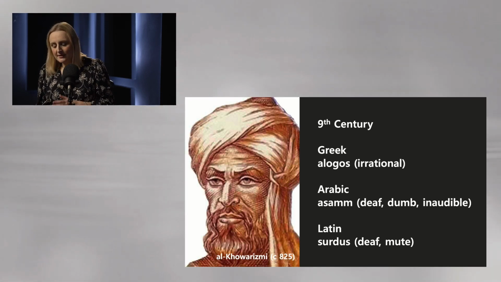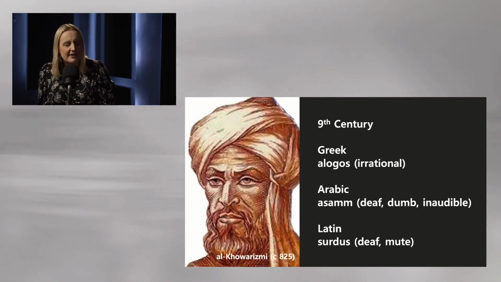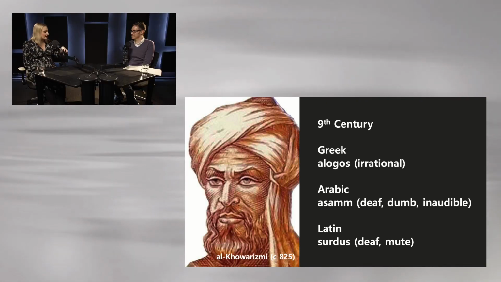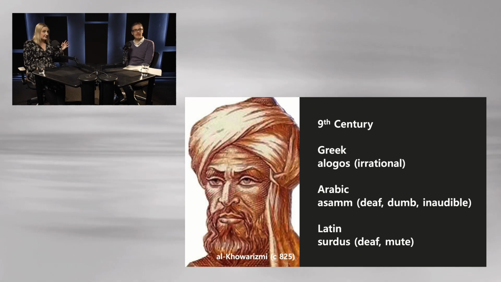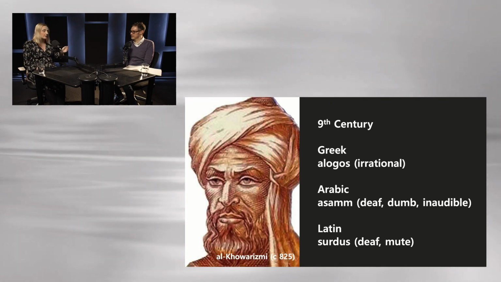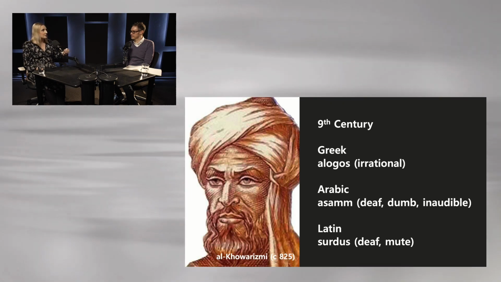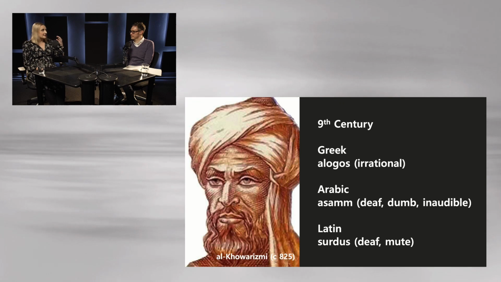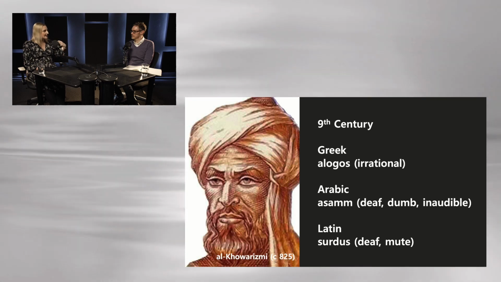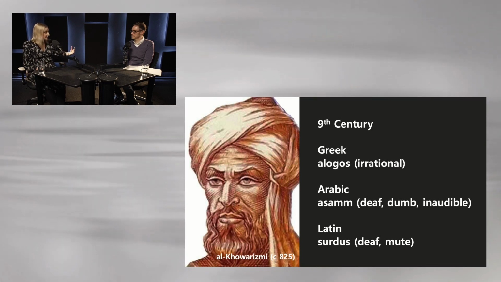So the Greeks called them numbers without reason, or numbers that were illogical. But the problem is that the word logos, and apologies if I'm pronouncing that incorrectly, had two translations. One translation was rational or logical, but the other was discourse or conversation, discussion. So you could translate logos as meaning without words.